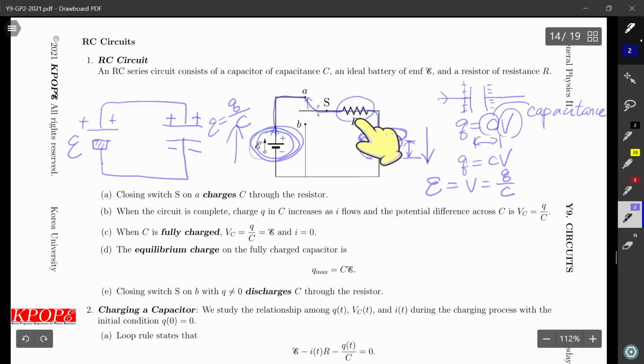But during this time, until it reaches the fully charged state, the current flows, and the resistor consumes the energy.